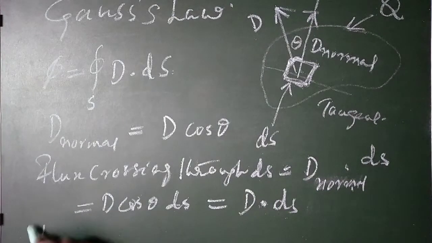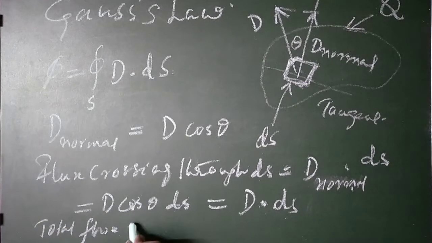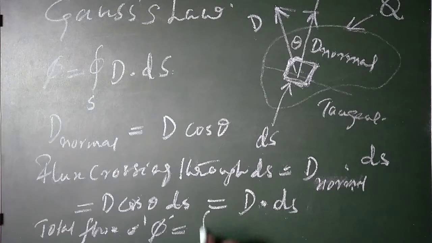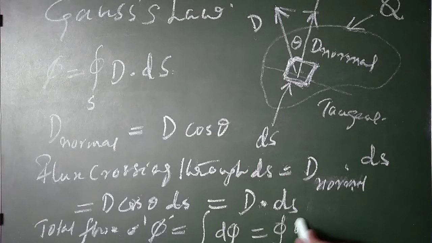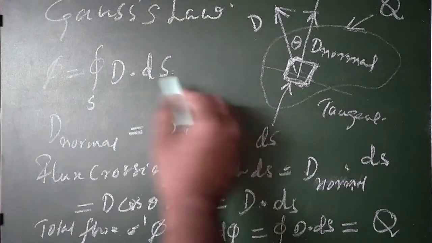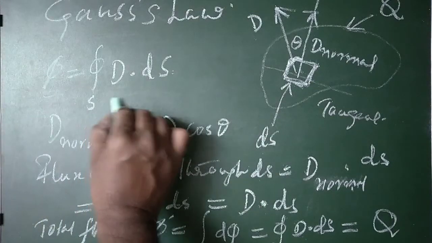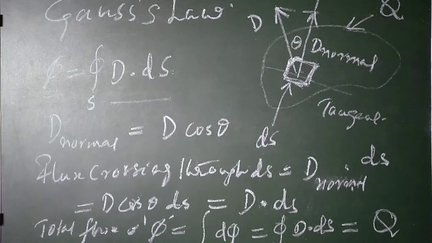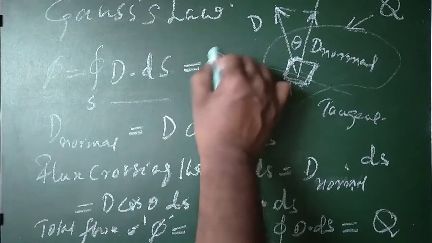Total flux phi equals integral d phi, that equals closed integral D dot dS, that equals charge Q. Hence flux equals the surface integral of D dot dS, which equals Q.